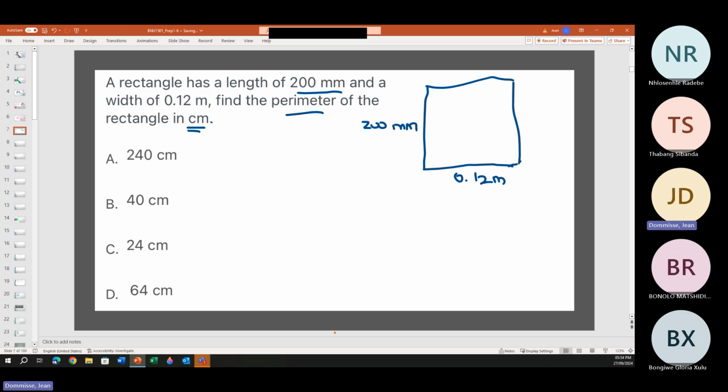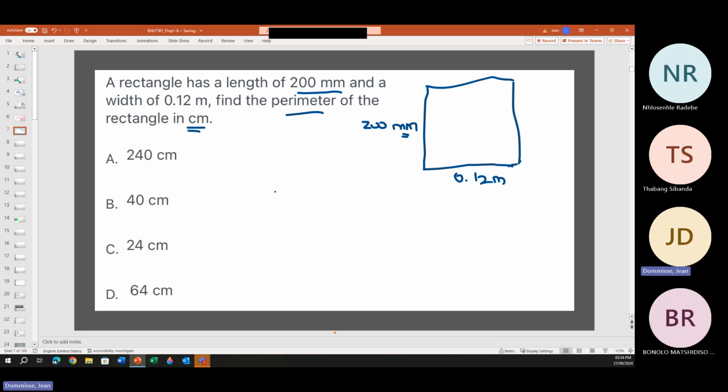Okay, so in this one, they basically want you to be able to change from millimeters into centimeters and from meters into centimeters. So they are the whole time testing if you can change the one into the other.